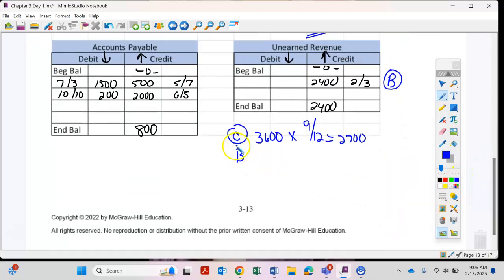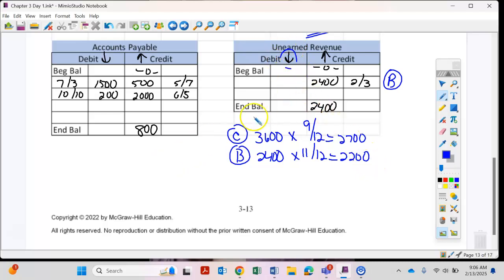So doing the calculation there, we received cash in advance for services we haven't provided yet. That was at the very beginning of February. So 11 out of 12 months have gone by, right? And it is $200 a month times 11, $2,200. We have earned $2,200.